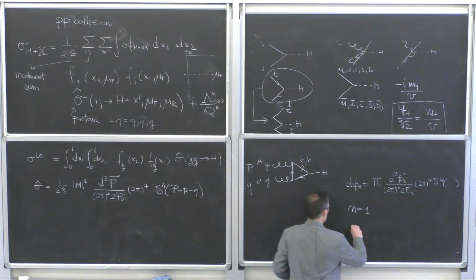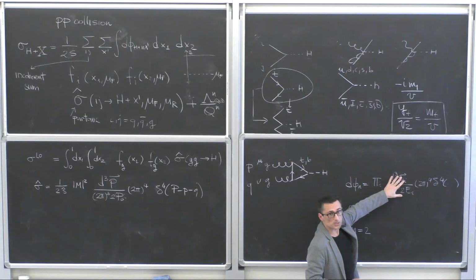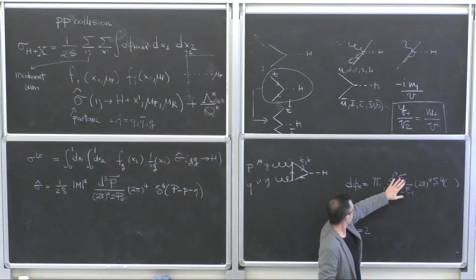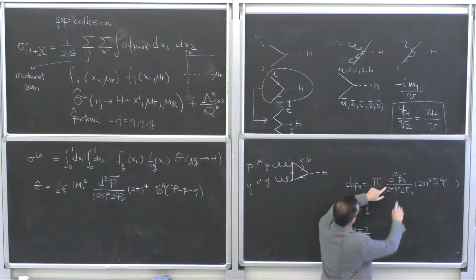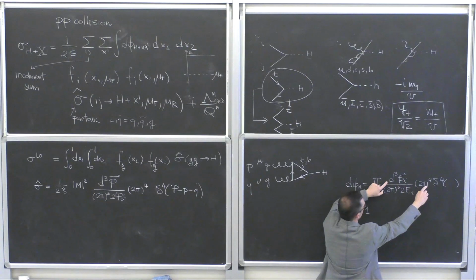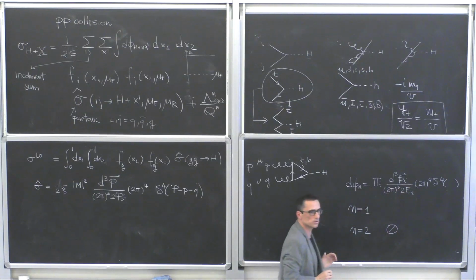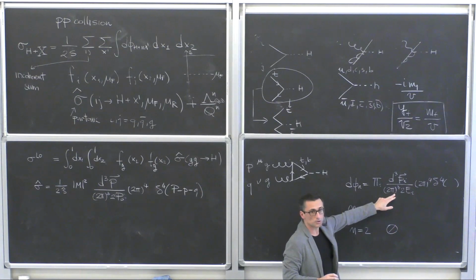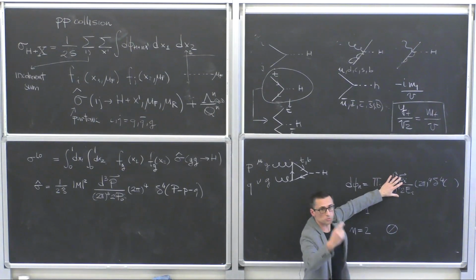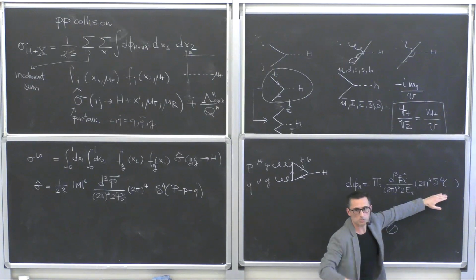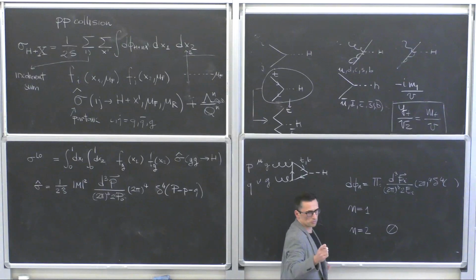For n equal to 2, you have 2 times 3 minus 2 minus 4, so it's 0. Okay? I repeat, this is 2 times 3 minus 2 minus 4, because the delta is minus 4. So the phase space of two particles is 0, which will be useful later.